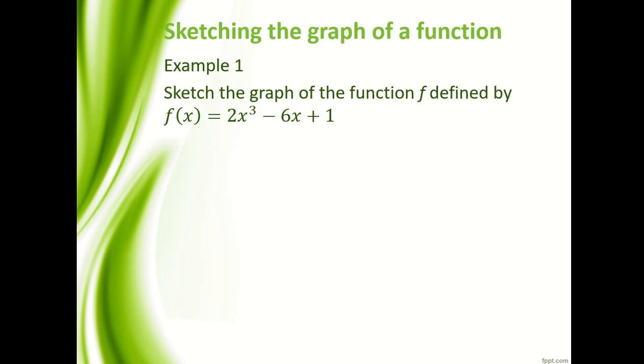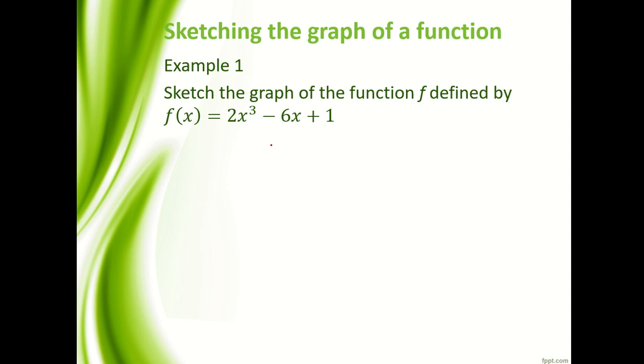Now let's do the same example in class. As you have noticed, we keep on using the same function. Given the function f of x equal to 2x cubed minus 6x plus 1, in this problem we are asked to sketch the graph of the function f defined by this equation.